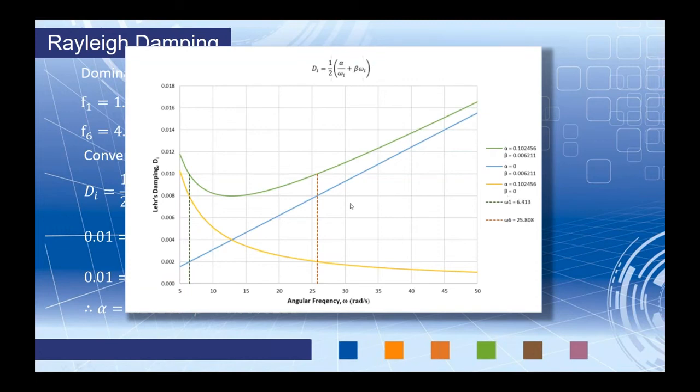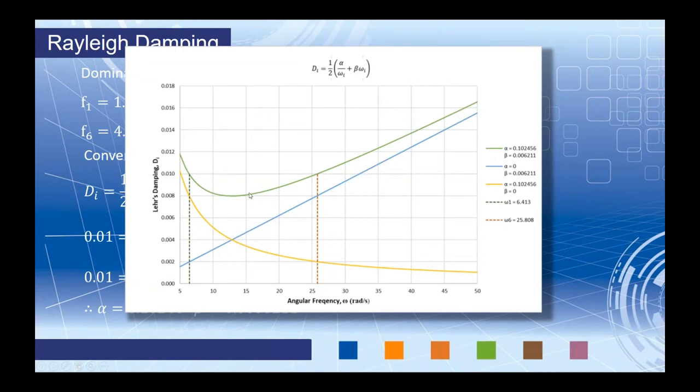When we set beta equal to 0 for this yellow line, we're only considering the mass proportional damping effect. This blue line is where I've set alpha equal to 0, but I've kept my beta coefficient. This is the stiffness proportional damping effect. Now, when we consider both alpha and beta, this is a combined mass and stiffness damping consideration.